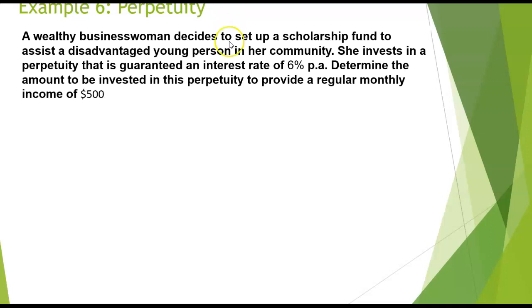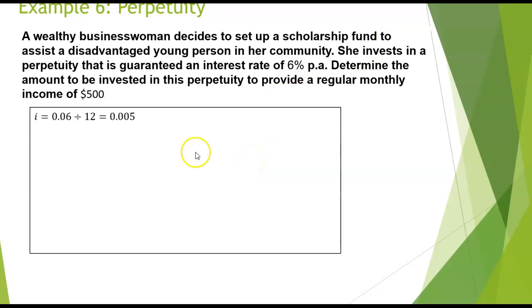Okay, our last example, perpetuities. Okay, so a wealthy businesswoman decides to set up a scholarship fund to assist disadvantaged young people in her community. She wants to make sure that regular payments of $500 per month comes out and the interest rate is 6%.